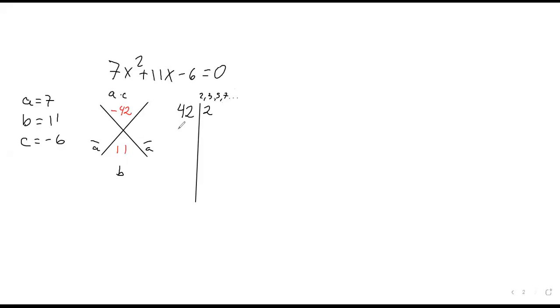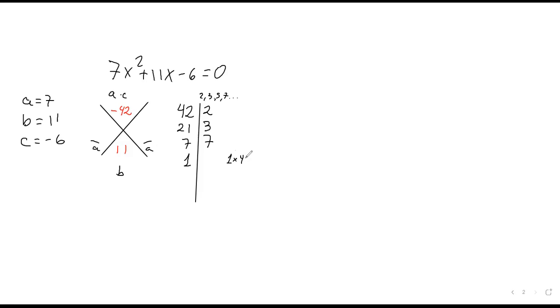So half is 21. We cannot divide it by 2, so we try with 3. 7. 7 we cannot divide by 2, 3, or 5, and then divide by 7. So 42 is 2 times 3 times 7. And we look for all the possibilities.